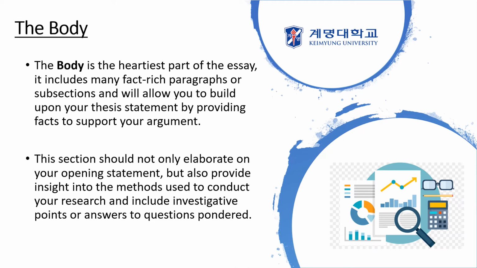If you look at some journals, they have only two sentences per paragraph, three sentences per paragraph, because they limit the usage of words. It should provide some insights into the method that is being used and investigative points or answers to questions pondered.